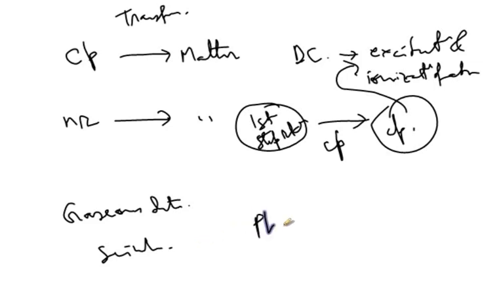Similarly, in photographic emulsion, the ionization induces chemical reactions which allow a track image to be formed.